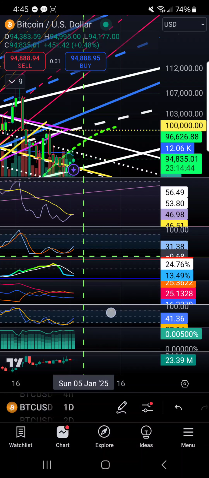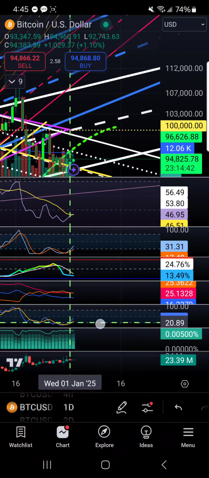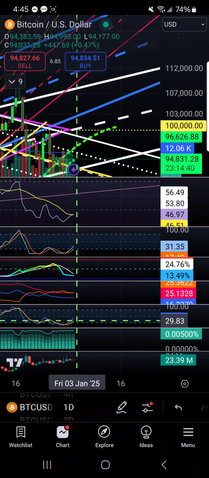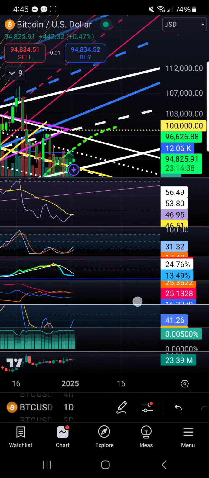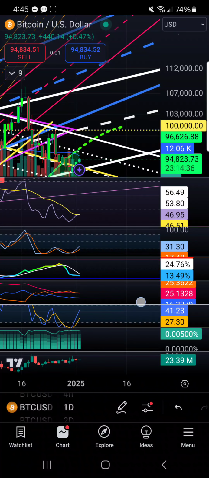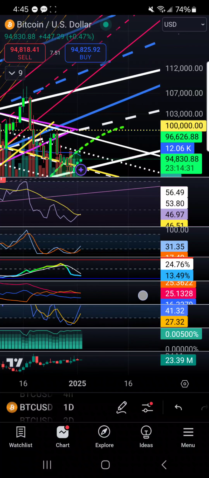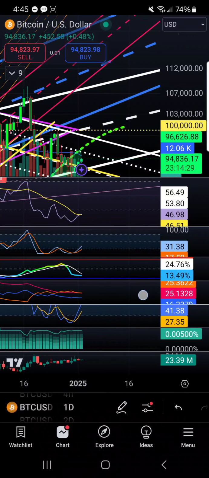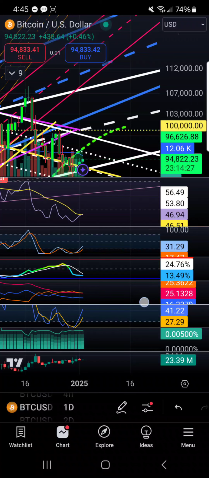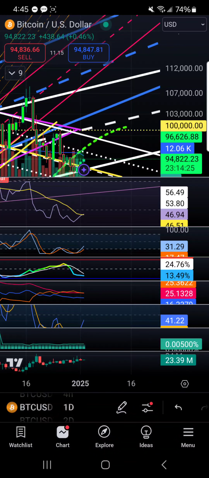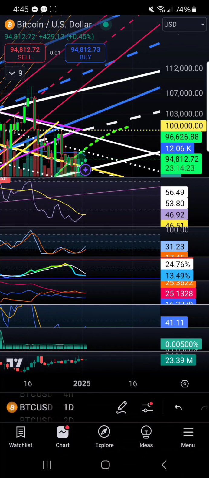So that makes sense. And on the stochastic as well, we're crossing upwards above the moving average, where we already did that a couple days ago, I guess, and heading upwards. And we're below 50 right now, but heading up in the right direction.